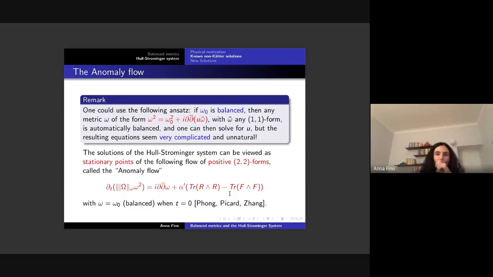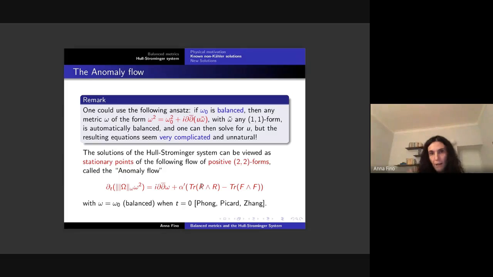So what essentially Phong, Picard, and Zhang try is to interpret the solution of the Hull-Strominger system as a stationary point of the following flow. Here, in fact, I don't write completely the flow because there is another equation involving, of course, also the metric H, which depends on t, and also omega here is depending on t. And here I just changed a little bit the notation.